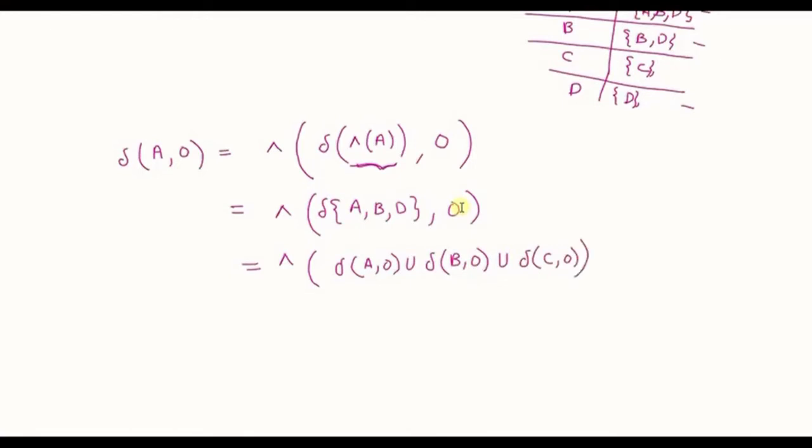So whenever you have a set like this, transition of ABD on 0 can be written as transition of A on 0, transition of B on 0, transition of D on 0, and connect all this with union sign. So this is what you are going to get.